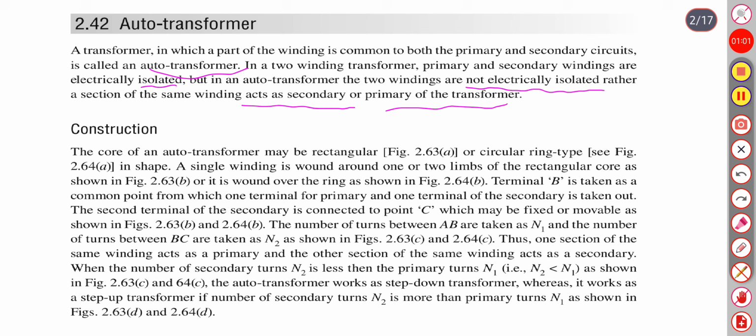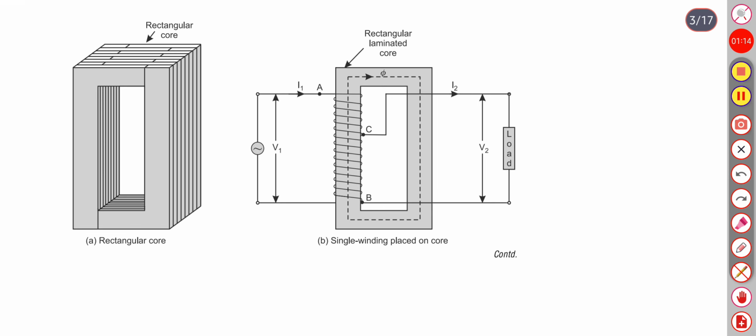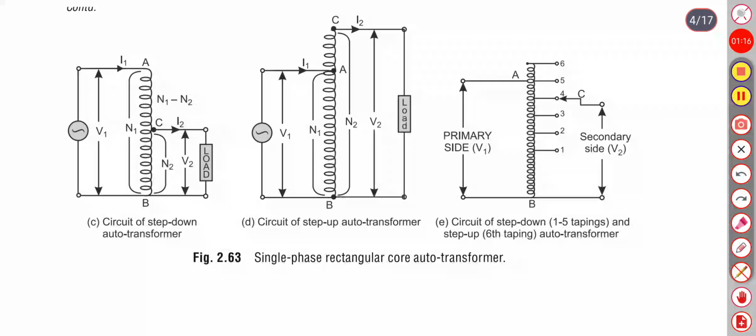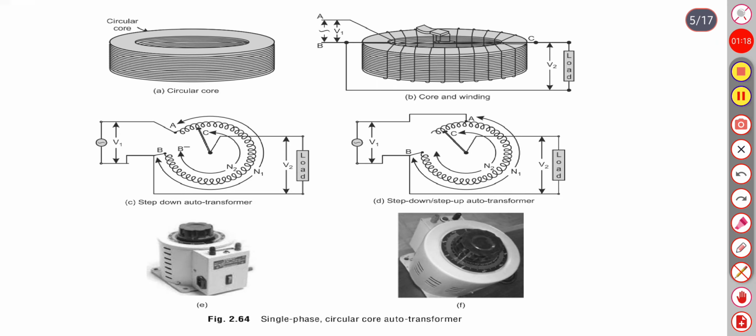Construction. The core of an auto transformer may be rectangular or circular ring type. It may be rectangular in shape or it may be circular as seen here.